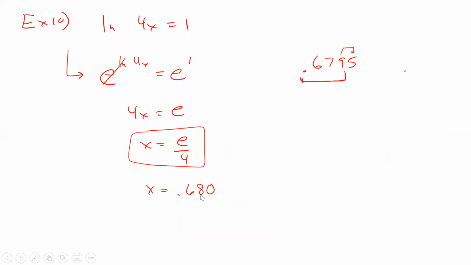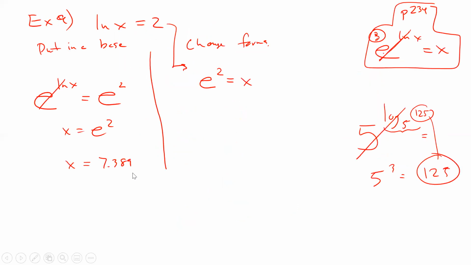If I were to punch in 0.68 and multiply it times 4, now notice there's a multiplier. Am I taking log of a positive number? Yeah, then we're good. We can accept that answer. So over here, ln of 2, which is 7.389. If I punch it in, am I taking log of a positive number? Yeah, that's easy enough.